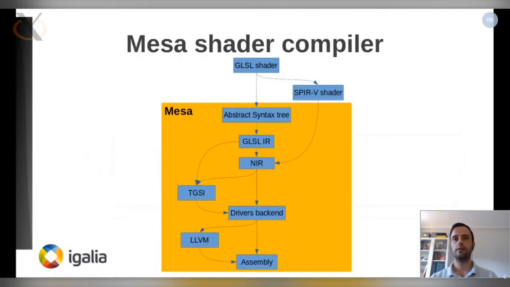If we focus on Vulkan, the SPIR-V shader will be translated into NIR intermediate representation. And from there, it's going to be used by the driver's backend in order to generate the assembly code that is going to be executed on the GPU, either directly or using LLVM as an intermediate step.